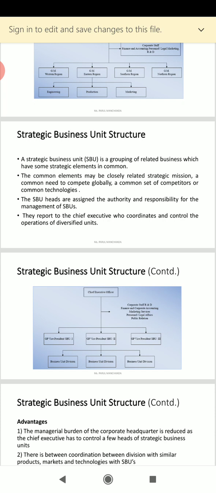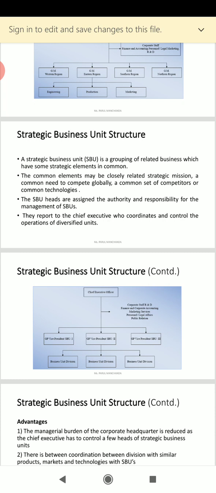Now, what is the advantage of this? If your organization, headquartered in India for that reason, tries to manage the various subsidiaries running in different parts of the world directly, it's not going to be easy. So what they do is try to find similarities. They find that a particular set of units have similar kinds of businesses, right? They are tapping similar kinds of opportunities, so they club them into one SBU, that is, strategic business unit.